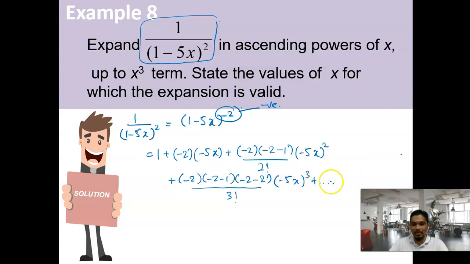I have no space, so I need to write down at the bottom. And this is endless. You can continue until x power 4, 5, 6, and so on. But we limit it to x power of 3 terms here.